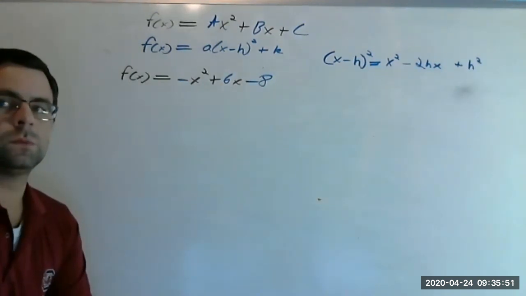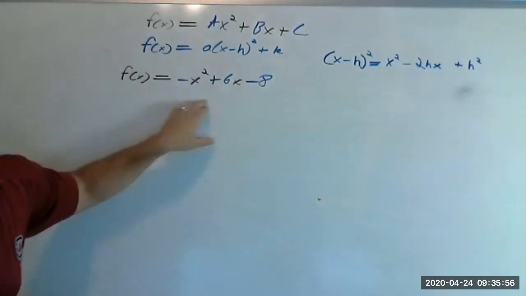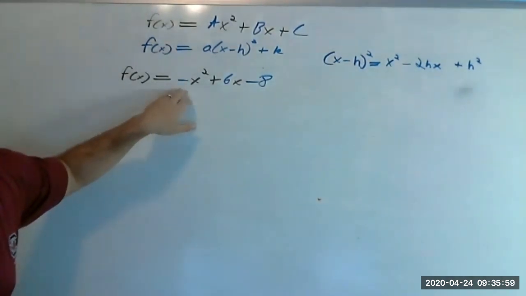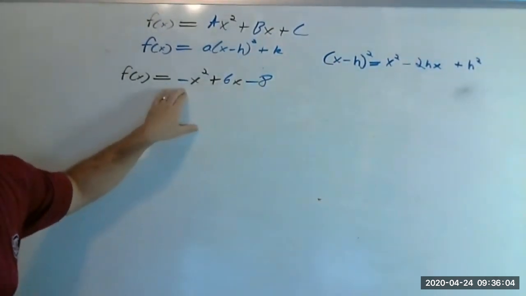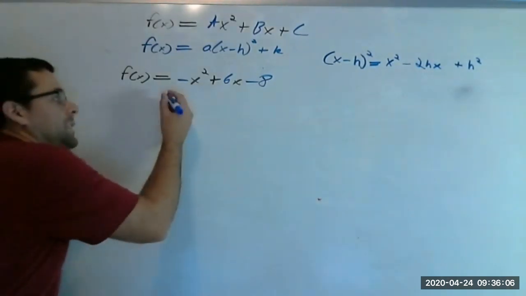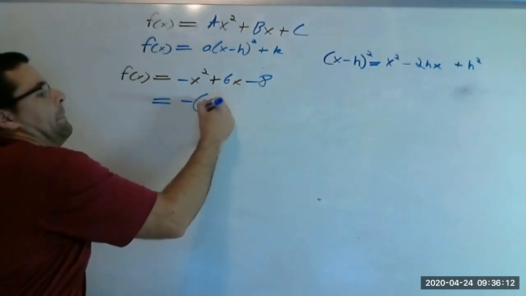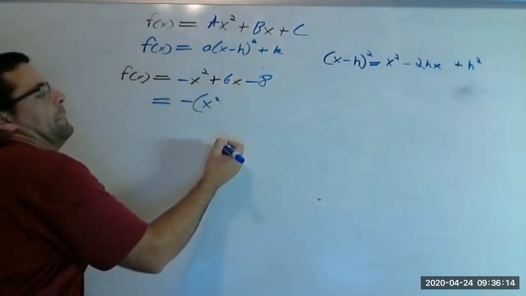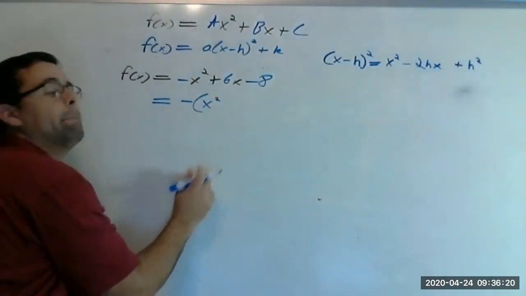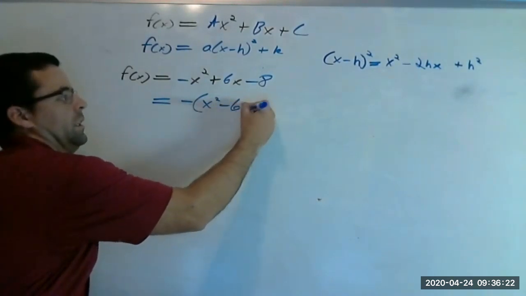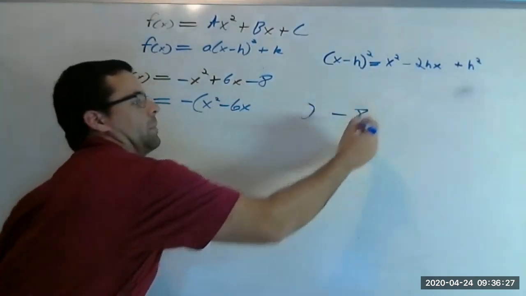First thing we do is we put the number off by himself, and we take the number that's in front of x squared and factor it out of both of these two things. So when we do that, what do we get here? Minus 6x. Minus 6x, very good. Plus 8. And then minus 8.